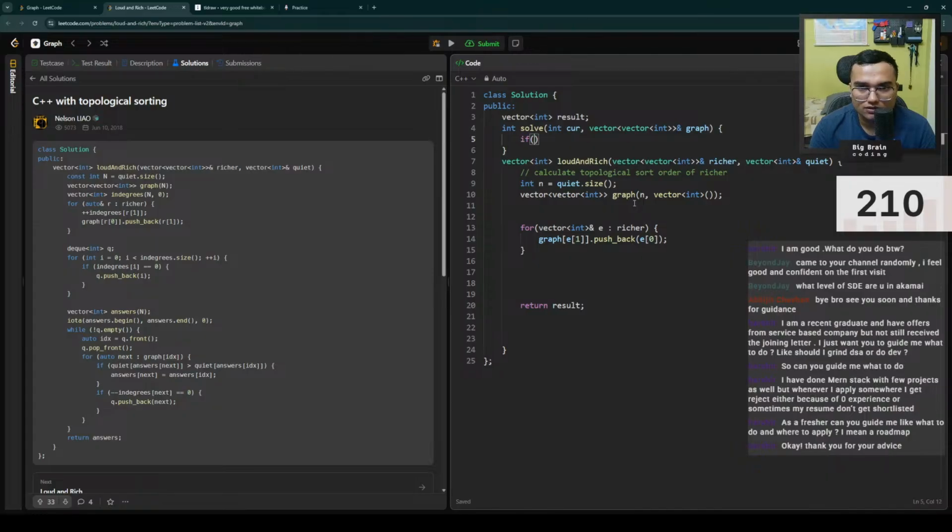Current. If visited current, then return. Let's keep it void and let's keep it min quiet, right?